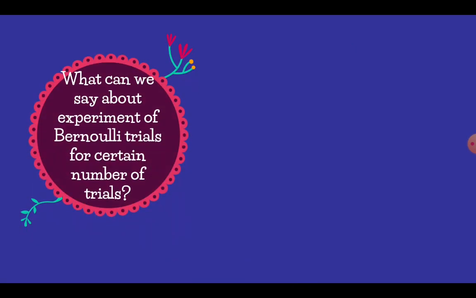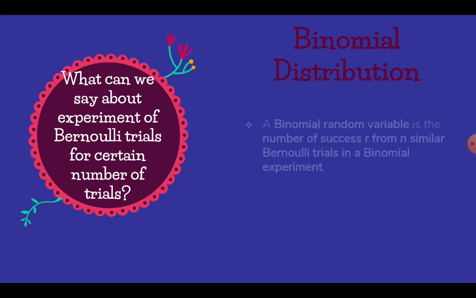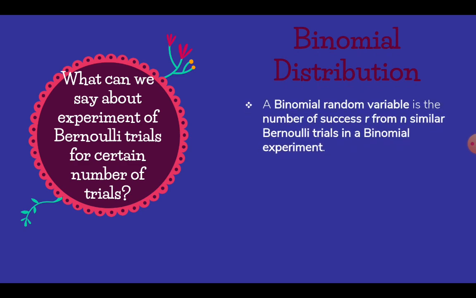What can we say about an experiment of binary trials for a certain number of trials? So we did the experiment in binary trials several times. This leads to binomial distribution. So a binomial random variable is the number of successes R from n similar binary trials in a binomial experiment.